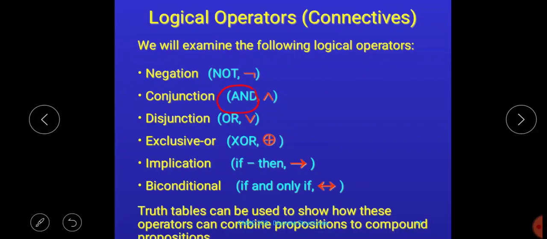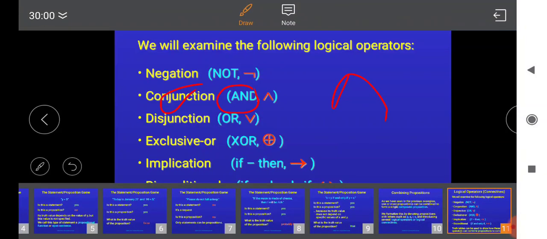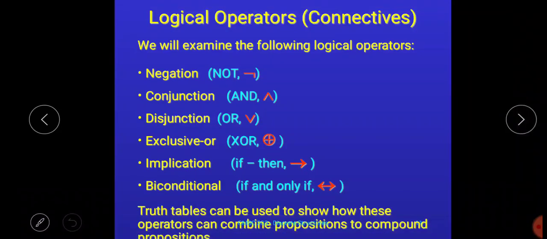Conjunction is also called and, and it is denoted by using this symbol. Similarly, one more logical connective is given, that is disjunction. It is also called or and it is denoted by using this one. Then one more logical connective is given, that is exclusive or, also called XOR, and it is denoted by using this symbol.